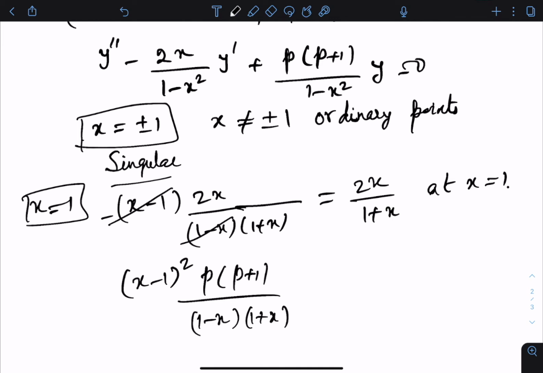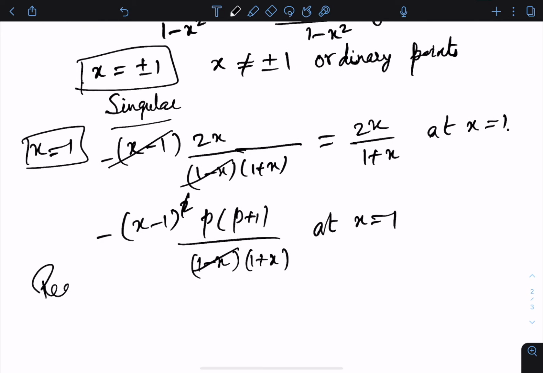Again, with a minus sign, you can cancel one factor from the numerator and the denominator. Now this is also analytic at x equal to 1. So x equal to 1 is a regular singular point.